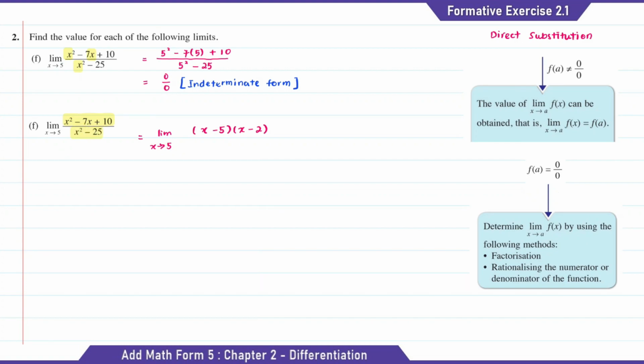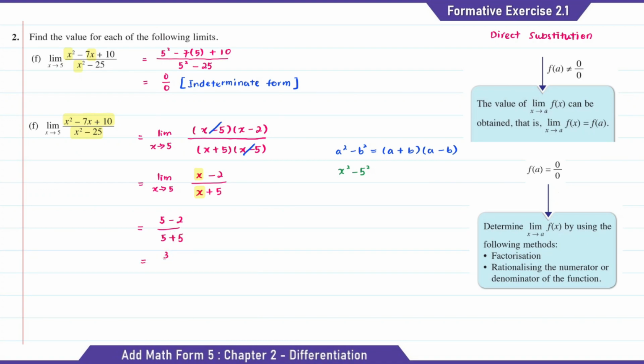As for the denominator, we can write this as x squared minus 5 squared. Then when we factorize it, we're going to get x plus 5, x minus 5. So now we can cancel for the x minus 5. So now we can substitute the x here with 5. Then we're going to get 5 minus 2 over 5 plus 5. Then the answer of this is equal to 3 over 10.